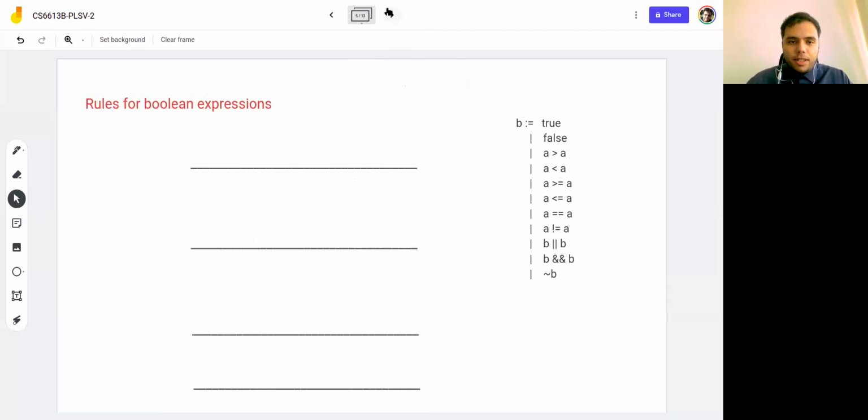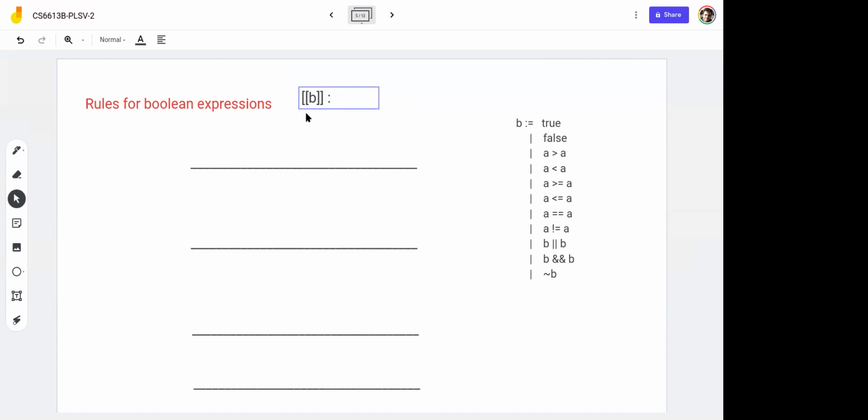Okay, let's go on. So what should we do for Boolean expressions? So let's first ask about the type. So if B is a Boolean expression, what is the type of the semantics of B? What is the meaning of B? Its output is either true or false.